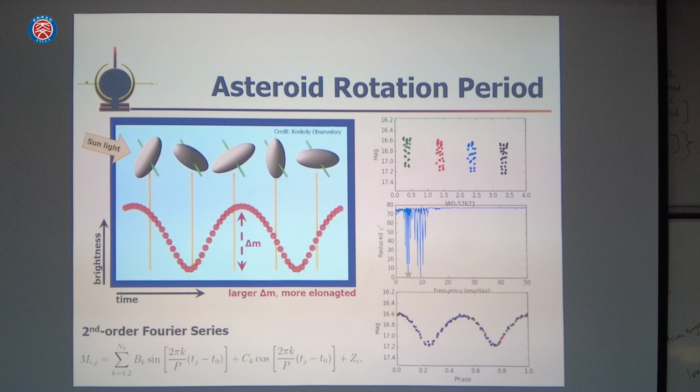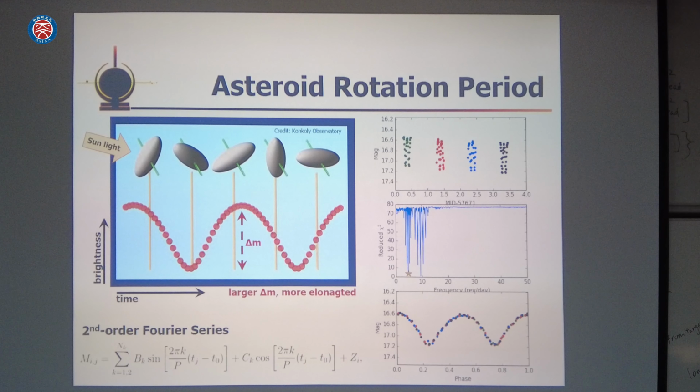You can try any method you want, but the second order Fourier series is the traditional method. We try to find the rotation period of the asteroid. Then it gives you a periodogram, and we identify the best fit frequency. Remember, we need to have a double-dip or double-peak light curve. That means a full period. Because if you just have one dip, one peak, it just rotates halfway, not a full rotation.